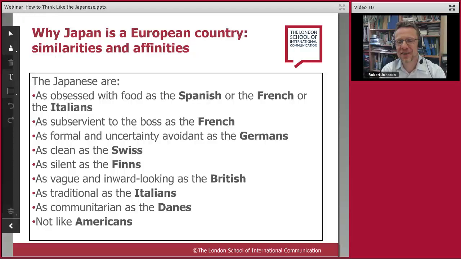And finally, I've put that Japan is not like America, not like the United States. I think if you want to look at two cultures that are furthest apart in terms of cultural differences, you could probably find America and Japan on the opposite ends of the scale. But it's really interesting. For Japan, America always has been a kind of aspirational place.